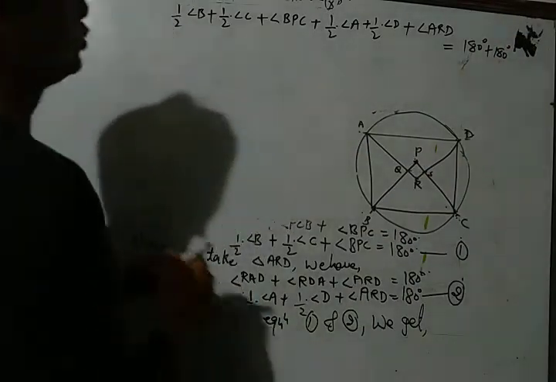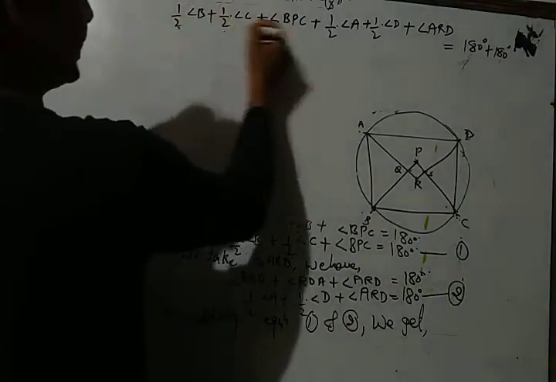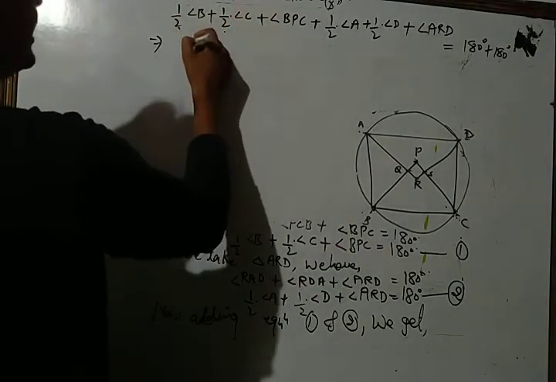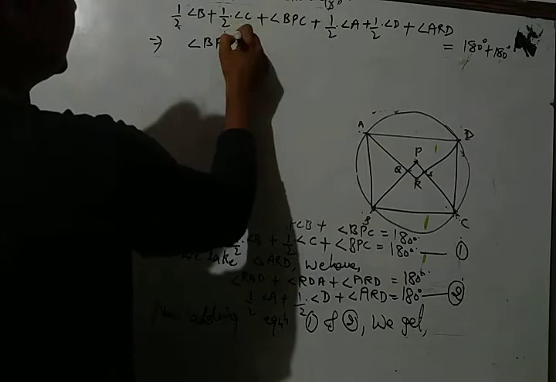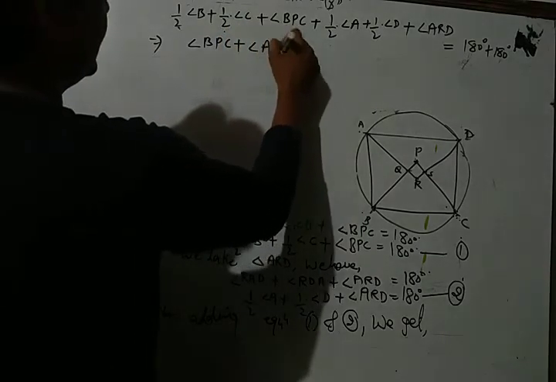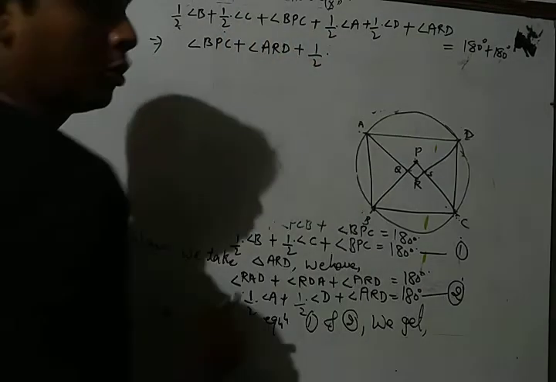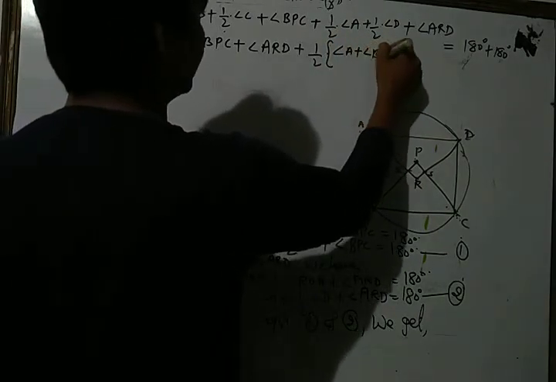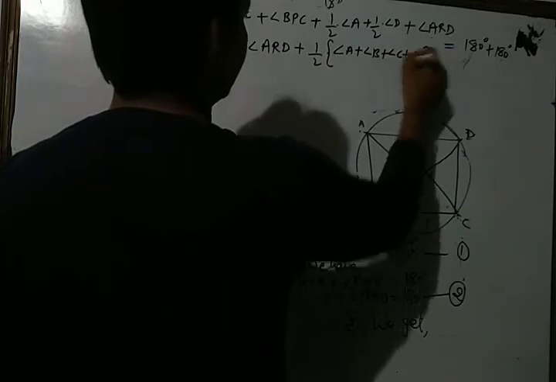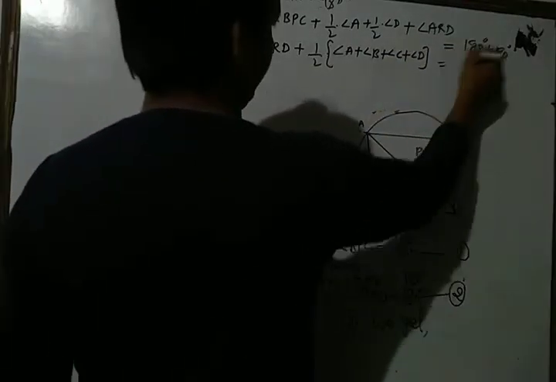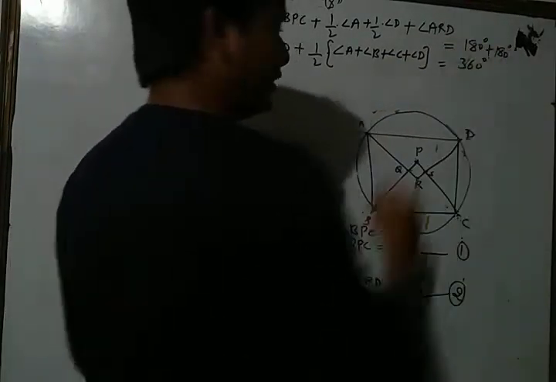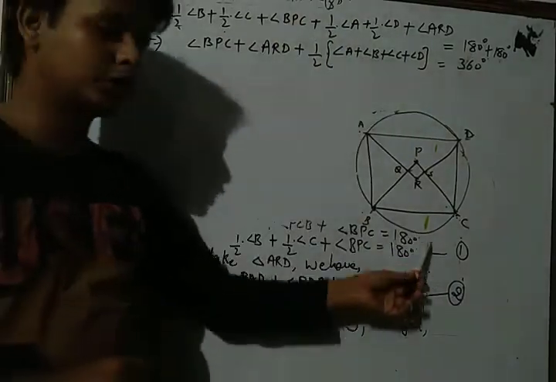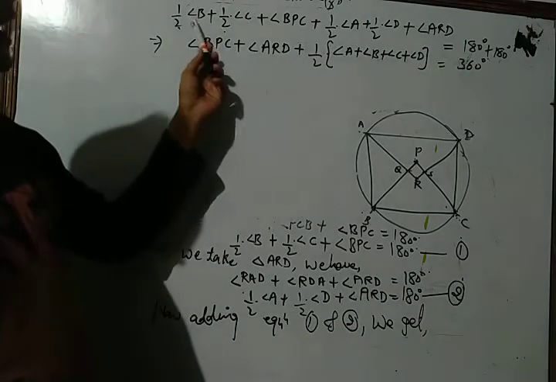Now we take 1 by 2 as common in the half angles. We have angle BPC plus angle ARD plus half of angle A plus angle B plus angle C plus angle D, equal to 360. Because if we add equation 1 and 2, we get half of this.